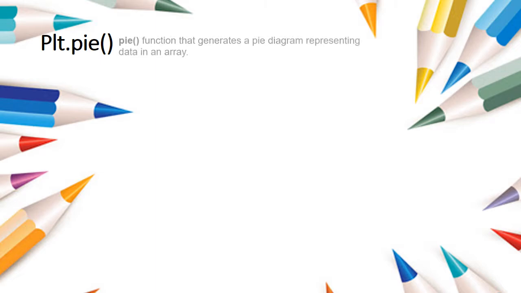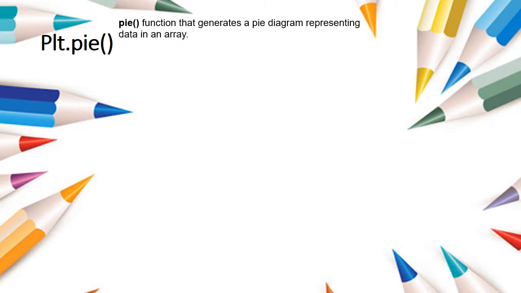Pie function, using the pie function we can build the pie chart. Each slice area is calculated as x, the set of values, divided by the sum of x.